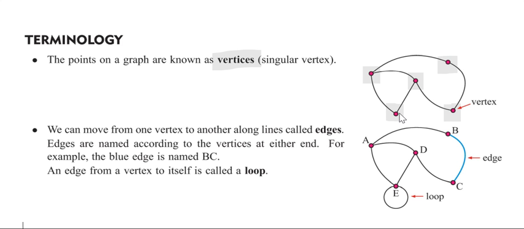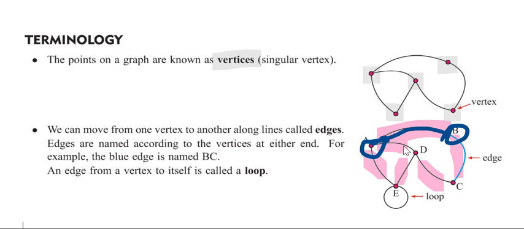Now if we have to move from one vertex to another vertex, we will have the lines that we talked about. For example, this one: to move from vertex A to vertex B, we have a line which is going to connect it, called the edge. All of these which are connecting each other are all edges, right?